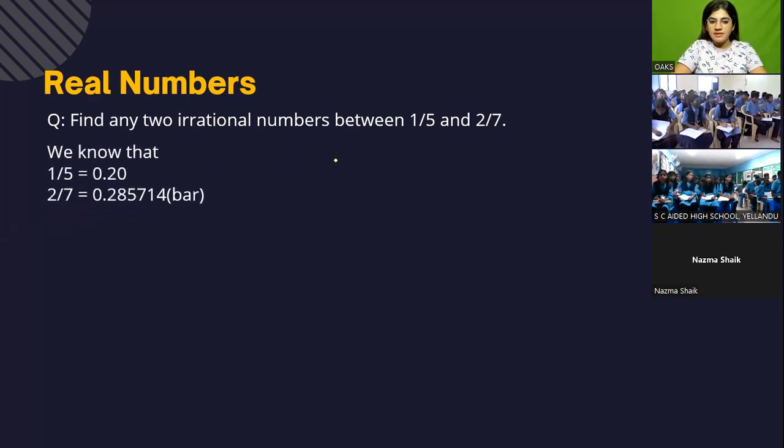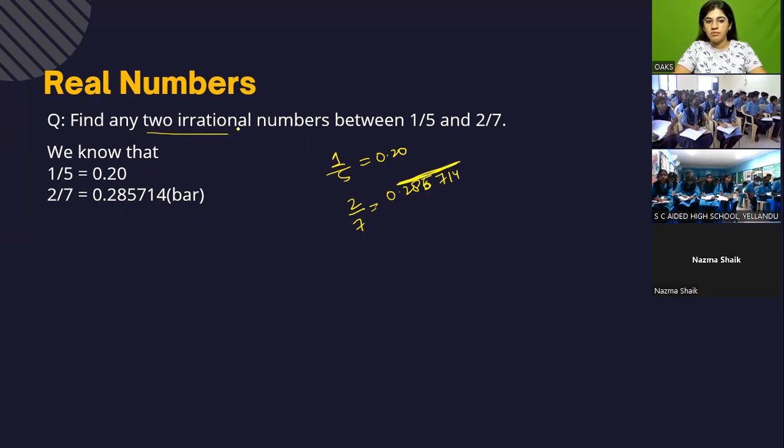So 1 by 5 is 0.20 and 2 by 7 is 0.285714 bar. I think now you can find two or more than two irrational numbers in between these two numbers.